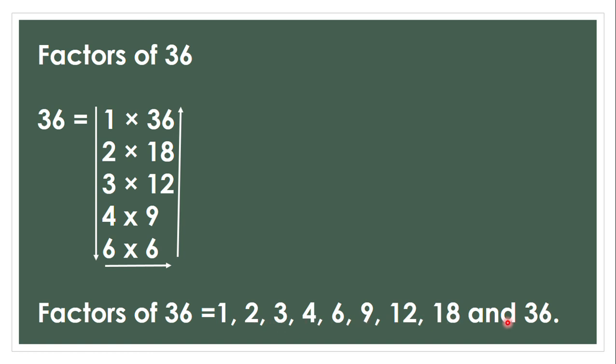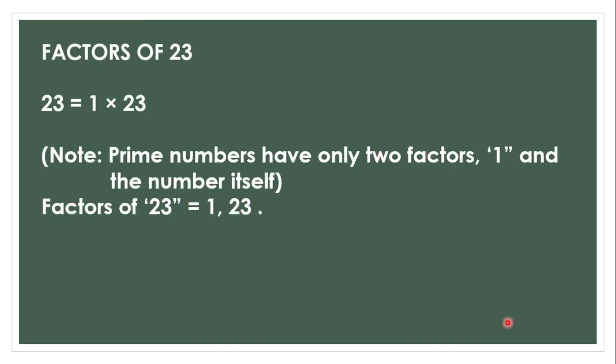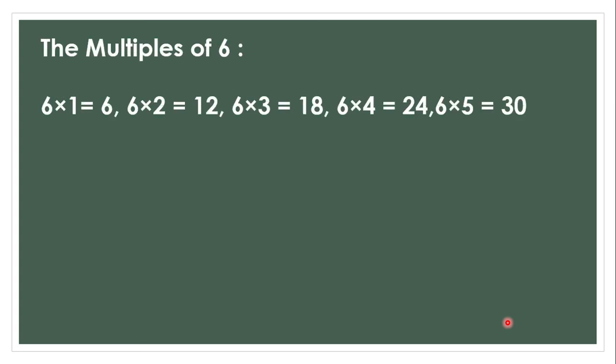Okay, and when we see the case of multiples, if I ask you to write 5 multiples, you can write them. The least multiple will be the number itself, and the remaining multiples will be greater than the number. Please remember this point, very very important.